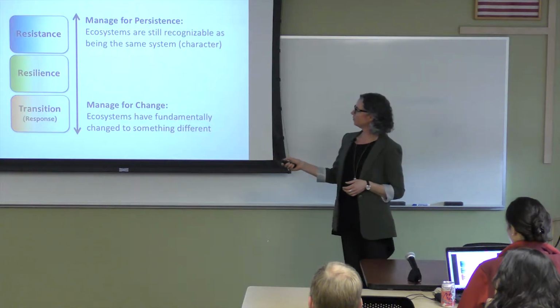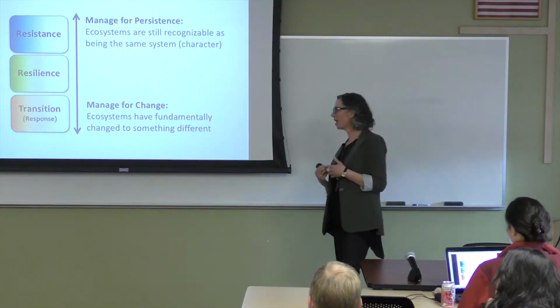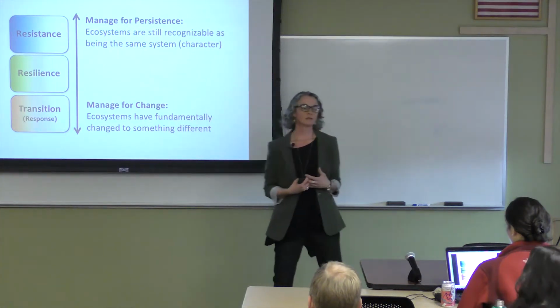And along this gradient, if we move in this direction, here we're managing for change. So we're thinking about how we enable ecosystems to better adapt to what we think the future climate conditions might be. And this is a really more active approach to developing management strategies. Okay, so they'll fundamentally be changed to something that's different from what it is today.